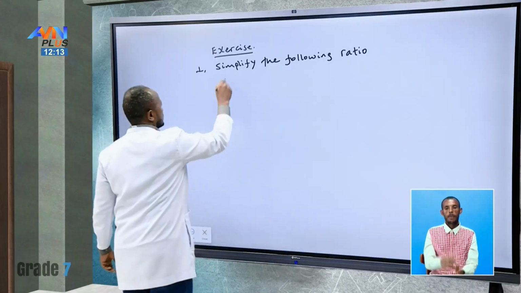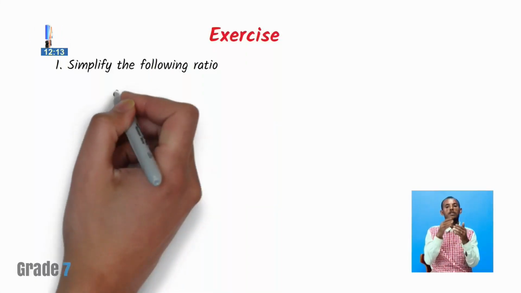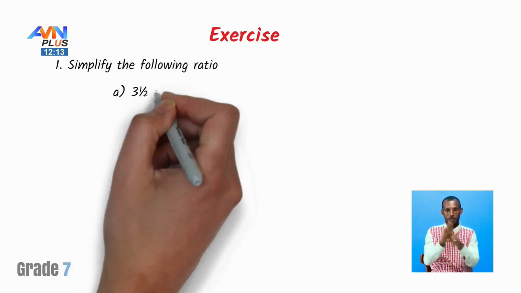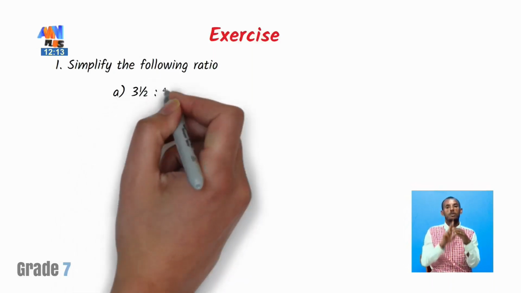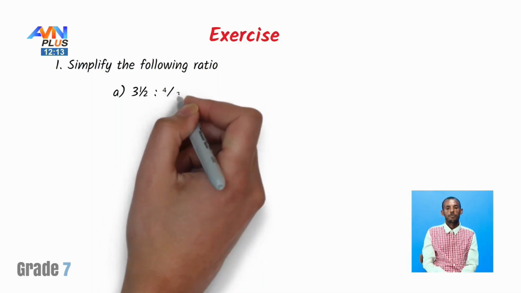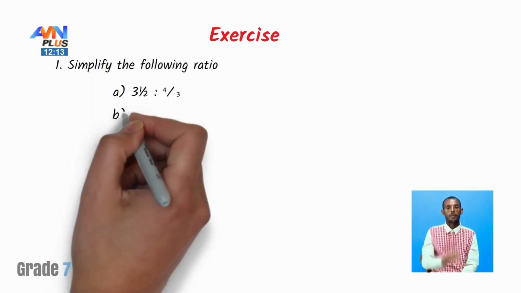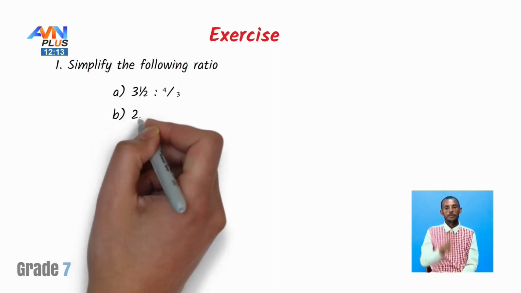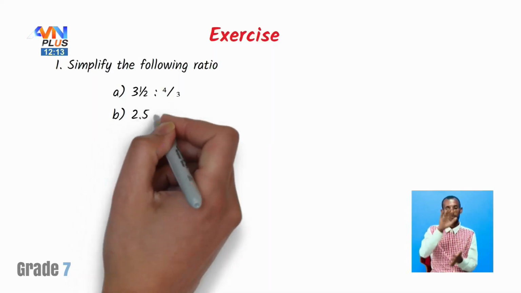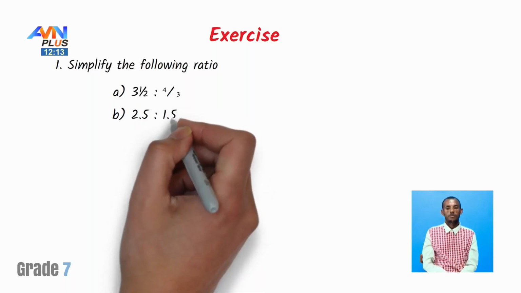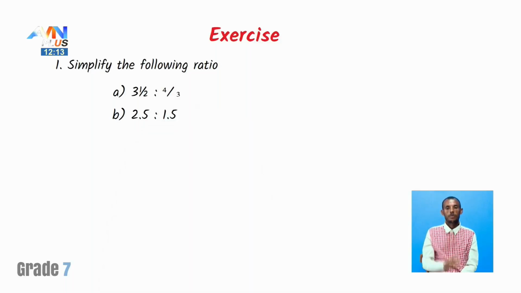A: 3 and 1/2 ratio 4/3. B: 2.5 ratio 1.5. 2.